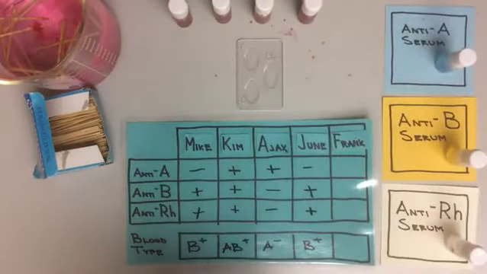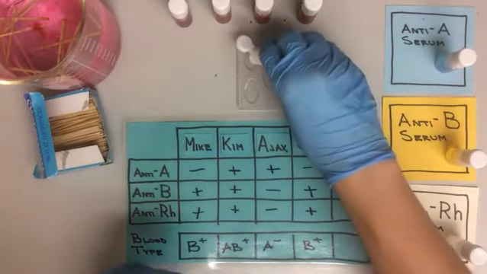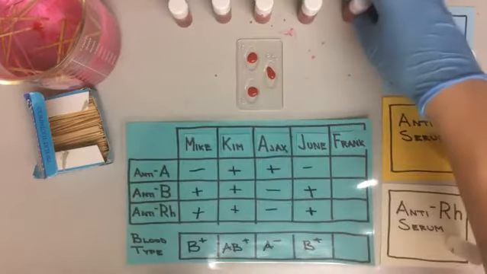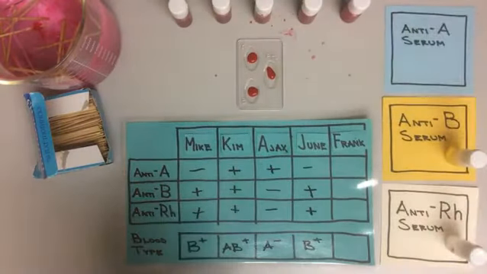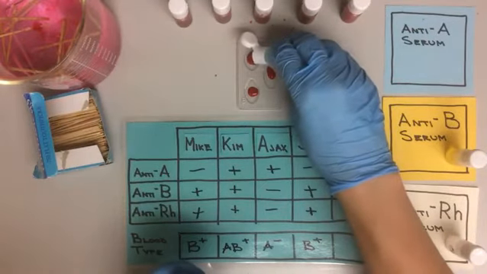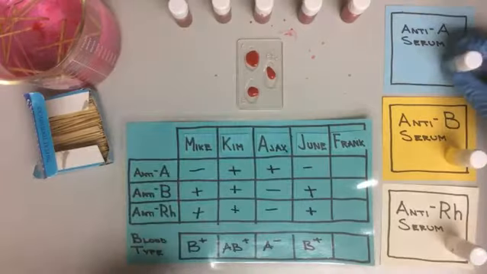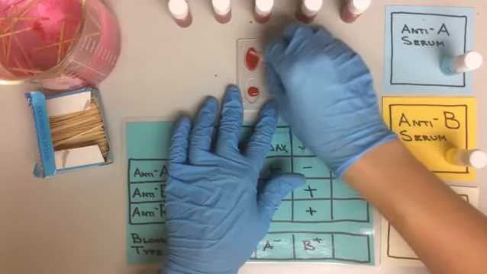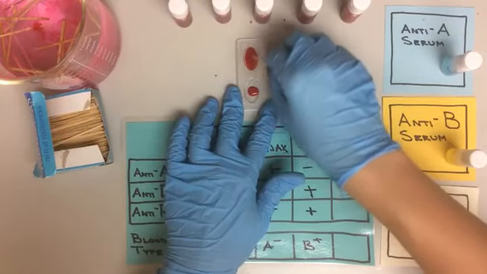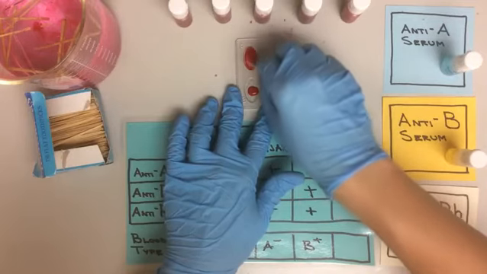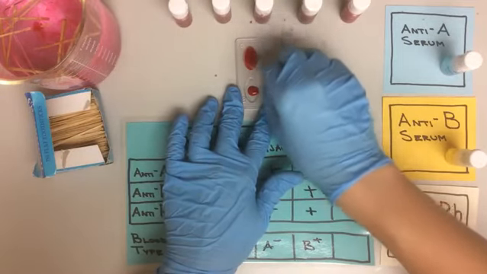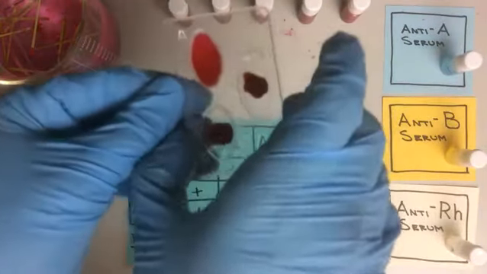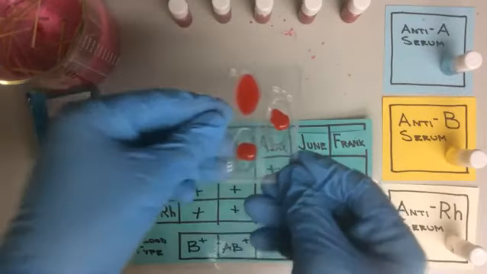We take Frank's blood sample, add it to each of the wells, and add the anti-serums. For A, there is no agglutination.